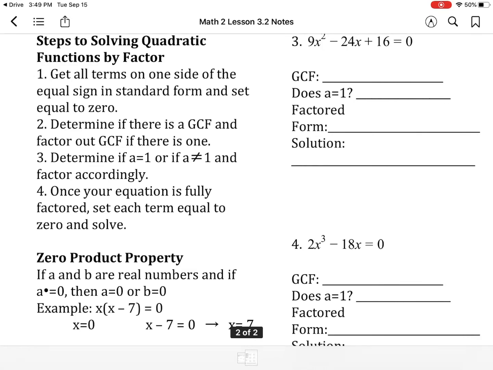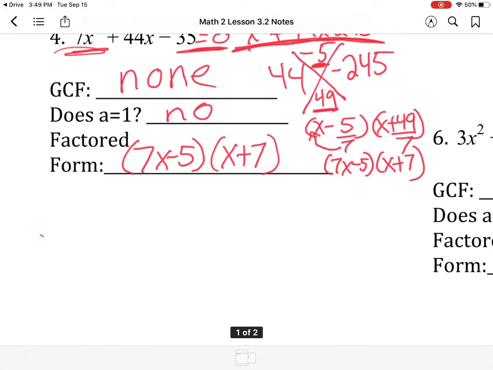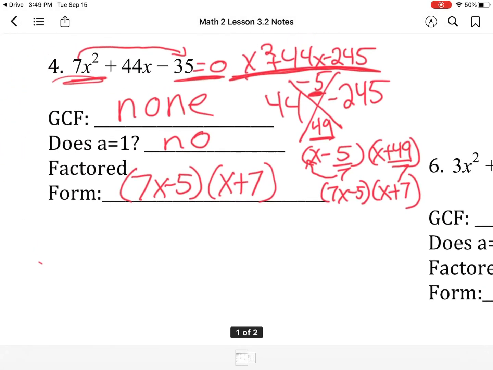And that is going to give you your solutions. So if we go back to the one we just did, we already have it equal to 0.